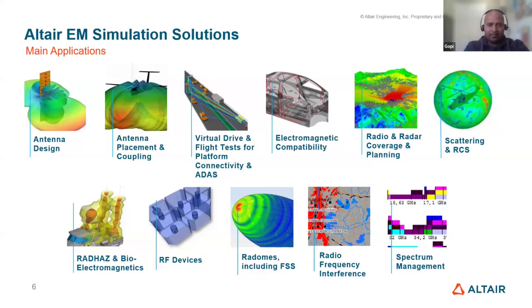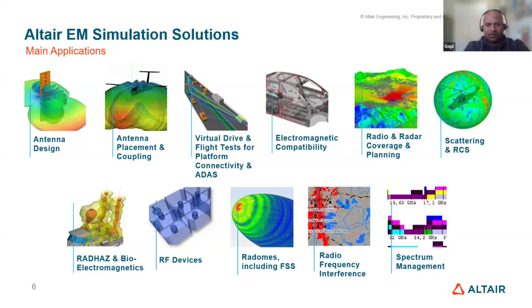But as I said, Feko combined with WinProp and RAP covers a broad range of applications. Like you can do a virtual drive test or a virtual flight test. You can use Feko for EMC/EMI applications, especially covering both the radiated emissions as well as the susceptibility analysis.